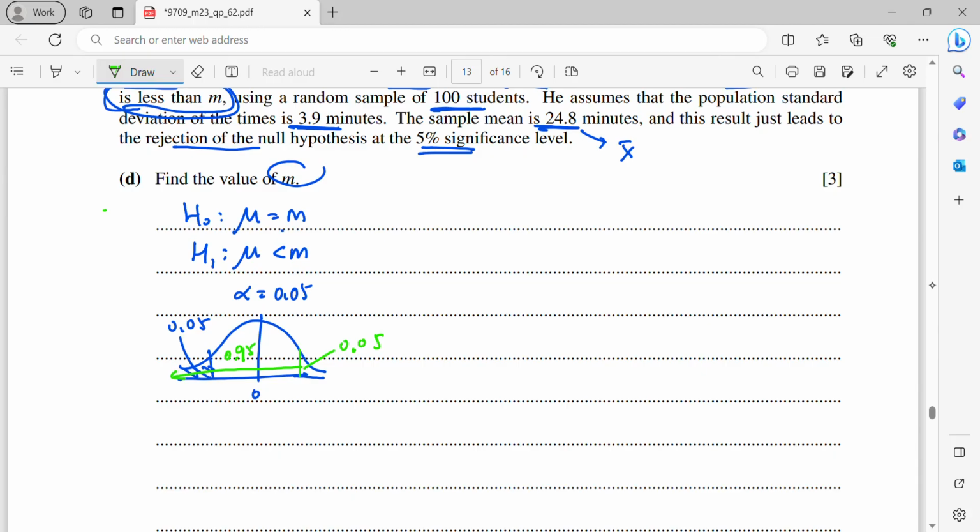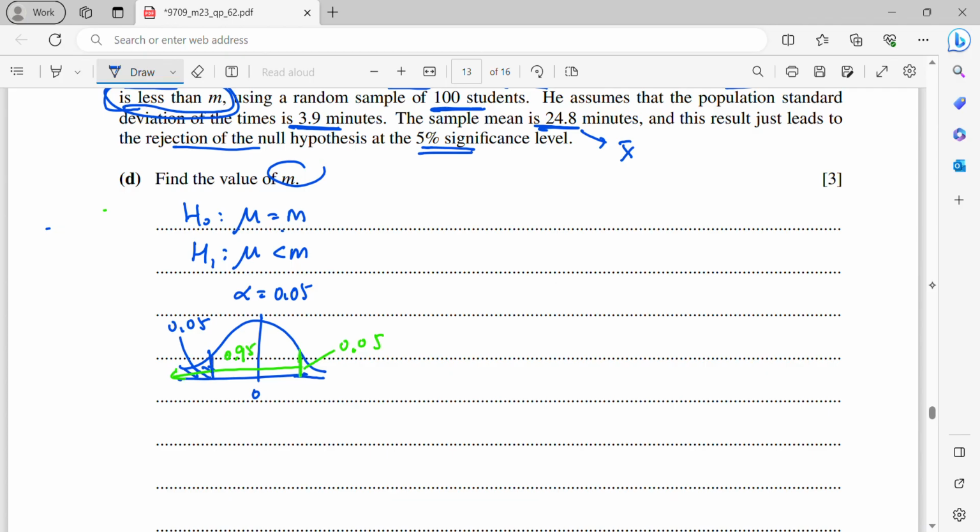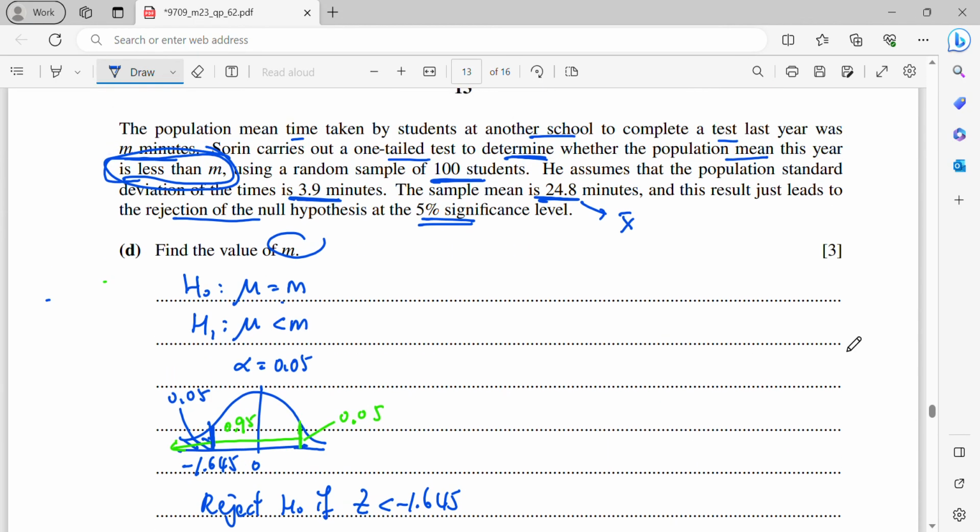Now, when you refer to the table, when it is 0.95 probability, the critical value is going to be 1.645. Therefore, the actual value for this blue line is negative 1.645. So I will write: reject H naught if the Z is less than negative 1.645.